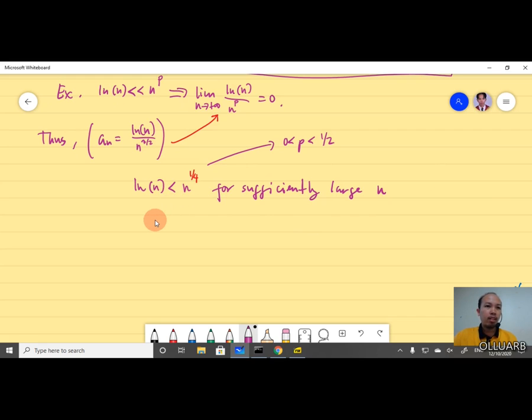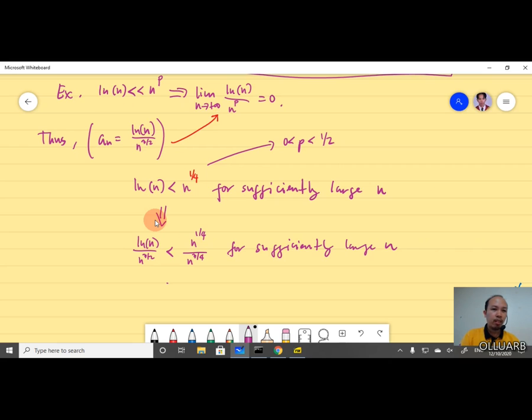Further, if you multiply both sides by n to the 3/2, this is also true for sufficiently large n. Since n goes from 1 up to positive infinity, you multiply both sides by positive numbers, so this is true.